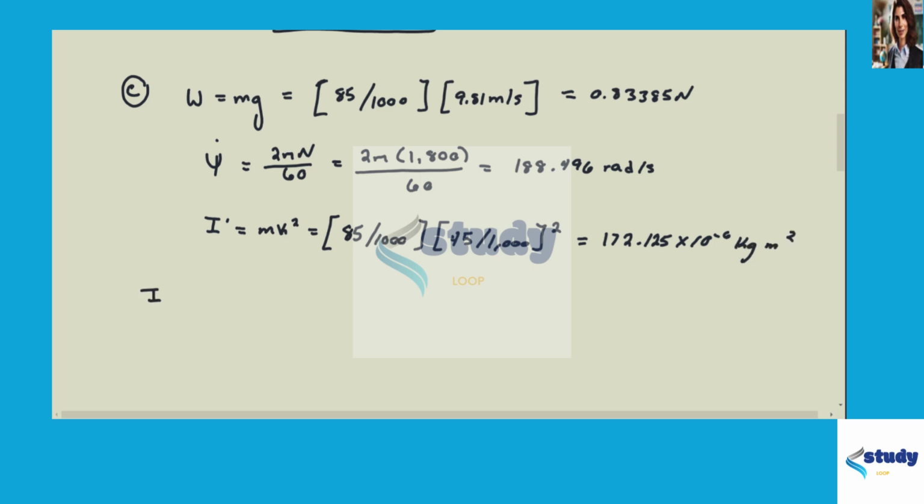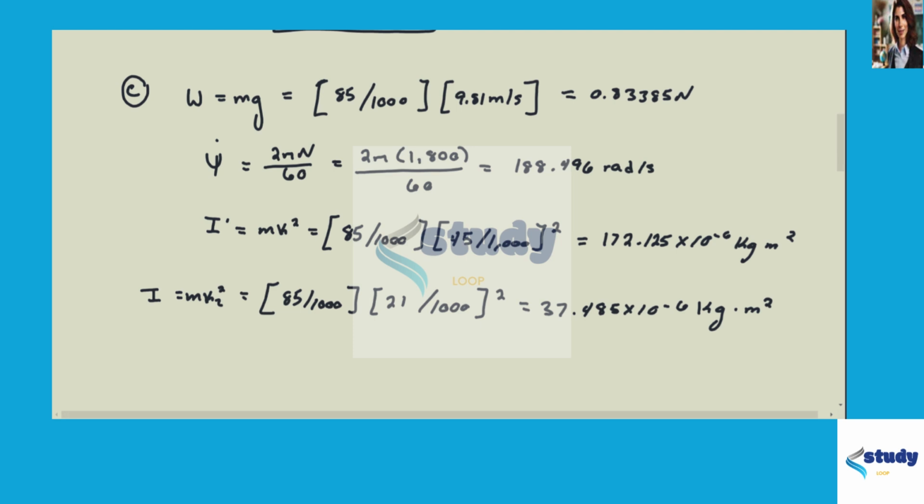And then we have the moment of inertia about the symmetric axis, which is m k z squared equals 85 divided by 1,000 times 21 millimeters divided by 1,000 to get to meters, squared, equals 37.485 times 10 to negative 6 kilograms times meters squared.